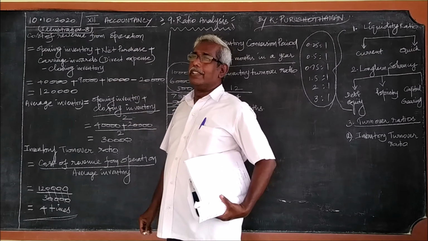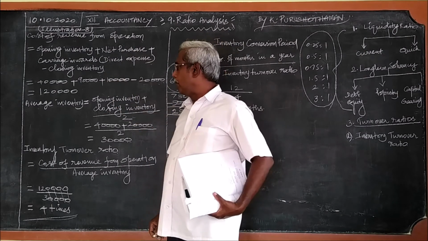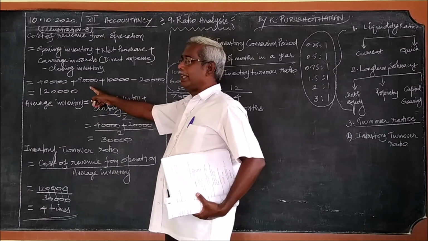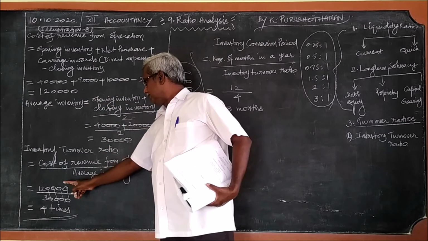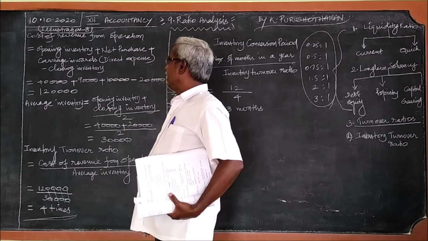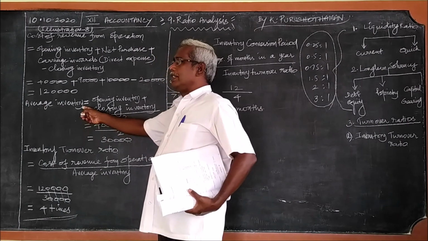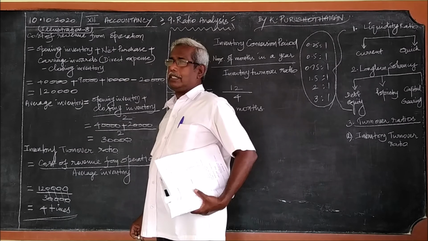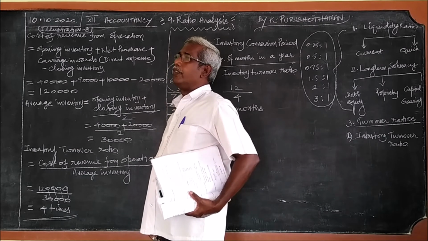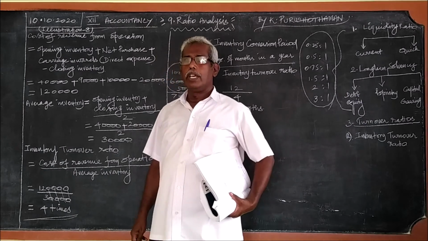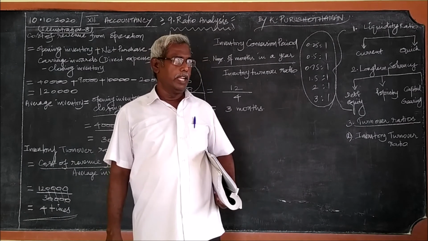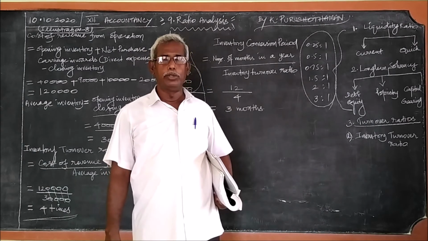That is numerator. What about the denominator? Average inventory. Just now I said, when you find the average, what you should do? When there are two terms for average, add the two items and divide it by 2.